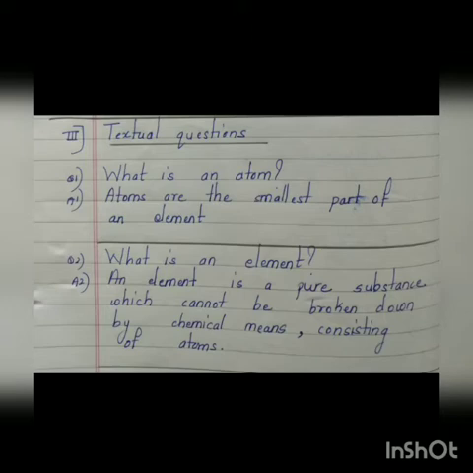Then question number 2. What is an element? An element is a pure substance which cannot be broken down by chemical means, consisting of atoms. These are substances we can see and feel. They are macroscopic, that means we can see elements with our direct eye.